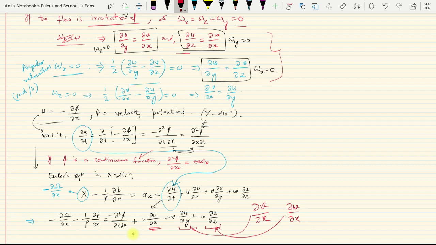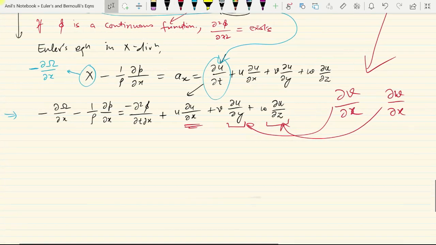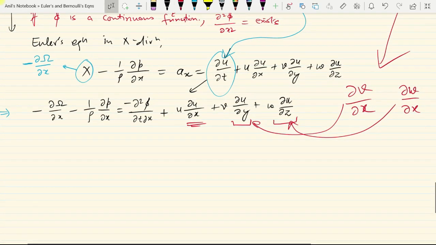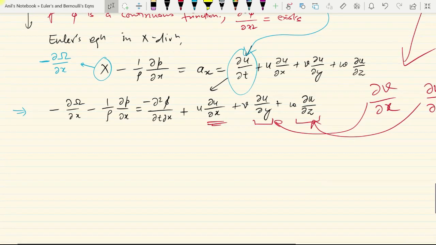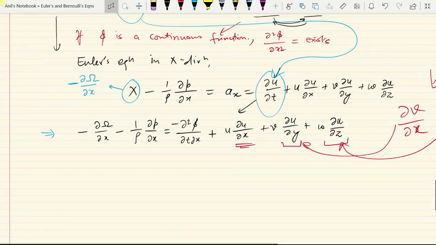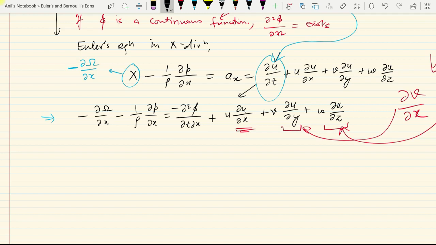So these have been obtained from here. So just replace them, and Euler's equation will be modified to this as I'm writing right now.